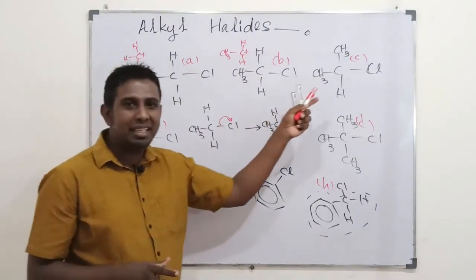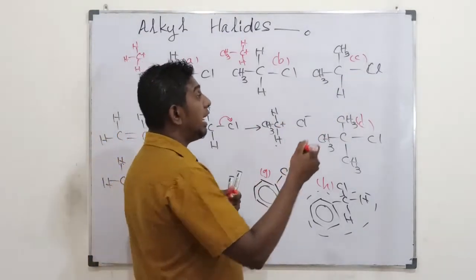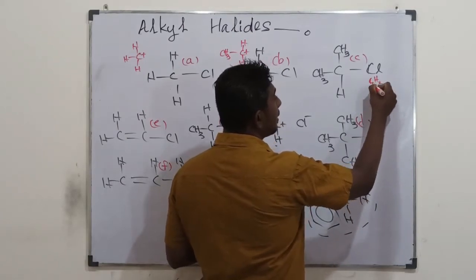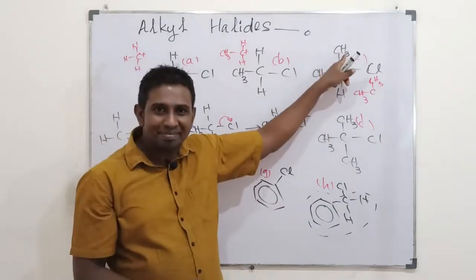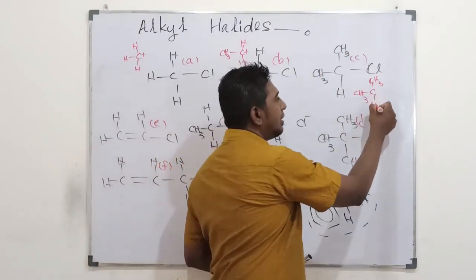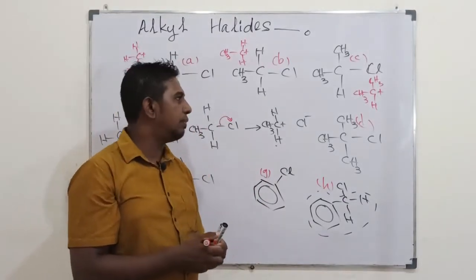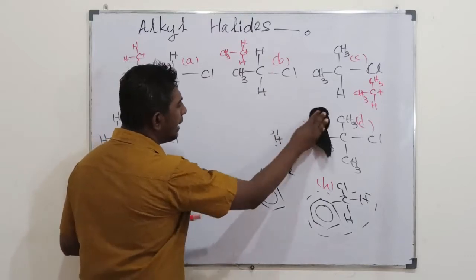So when this chlorine leaves, you would accordingly get the carbocation formed, CH3, with an H and a plus, and there will be a Cl minus. So I'm erasing this. Hope you have got the idea.